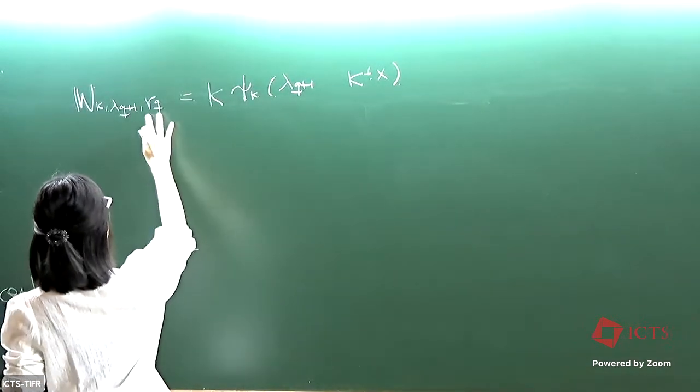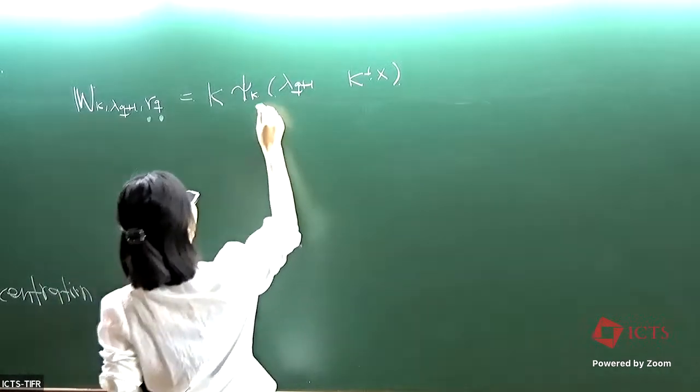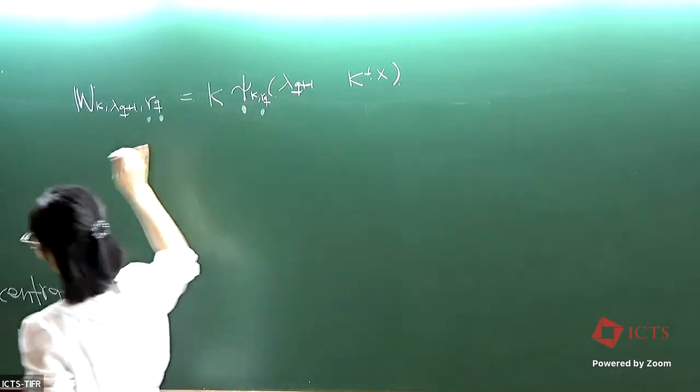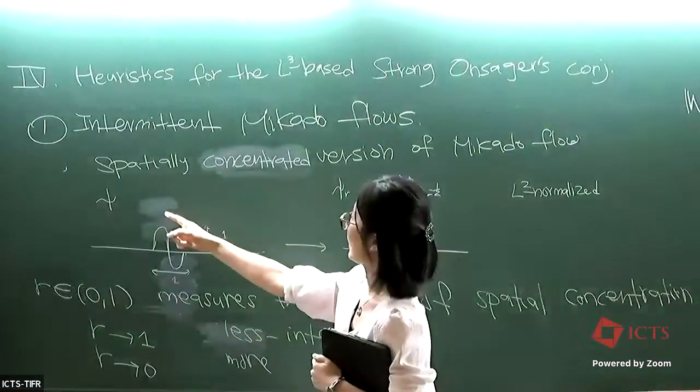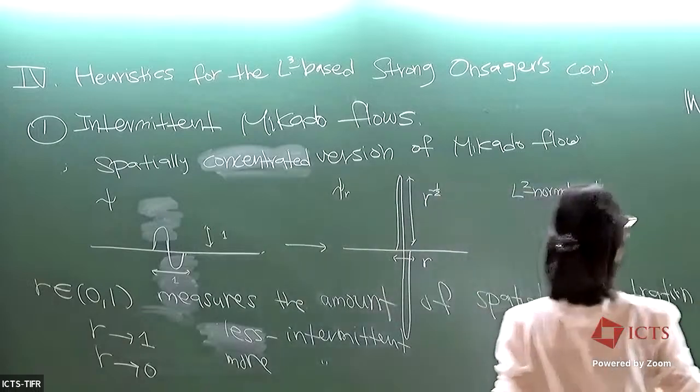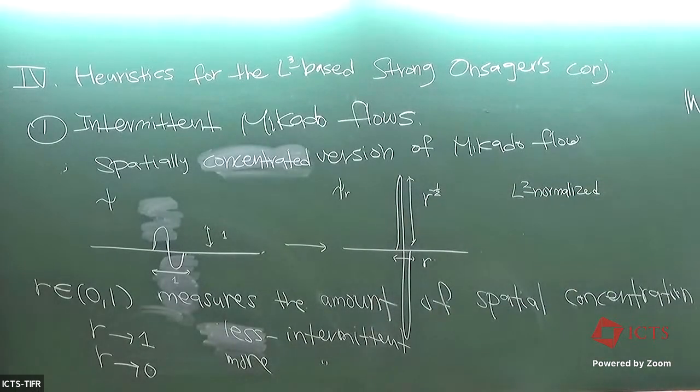And now we introduce this intermittency parameter RQ, so the associated function is replaced from this by this.